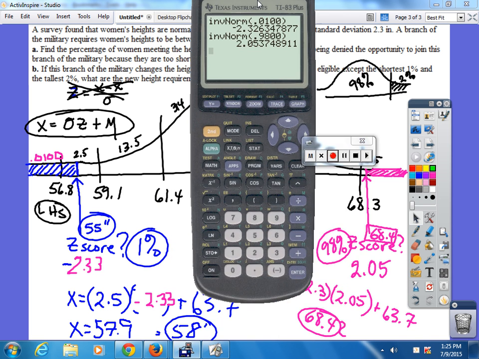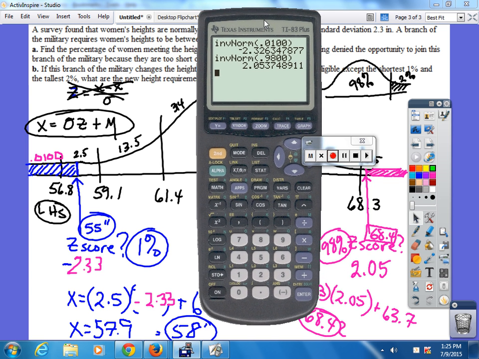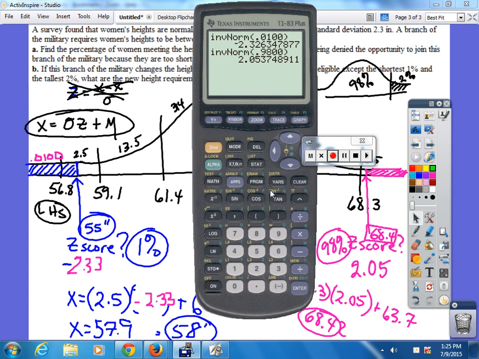Evidently, I don't know, unless there's something I'm missing. They may be taking 2.326. That may be what they're doing. If you go back to the question, we can walk you through it. Hold on just a second.